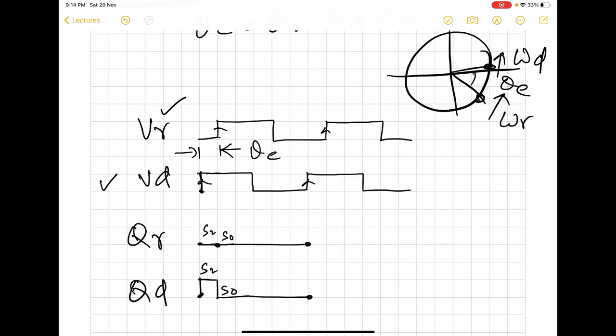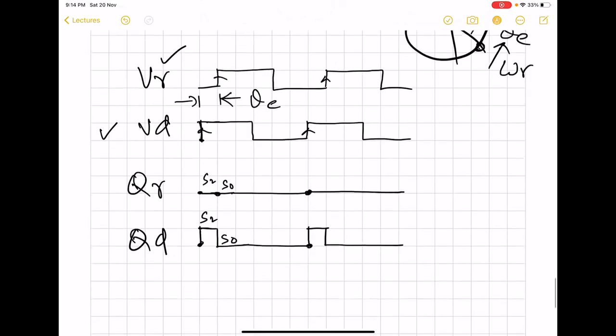Then at the rising edge of VD again we have a pulse for QD, and then we have 0 for the rest of the duration, and QR remains 0. So this is what we are going to get.